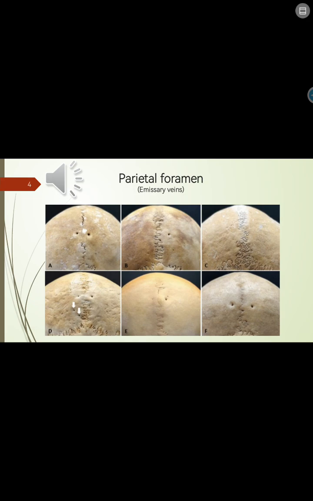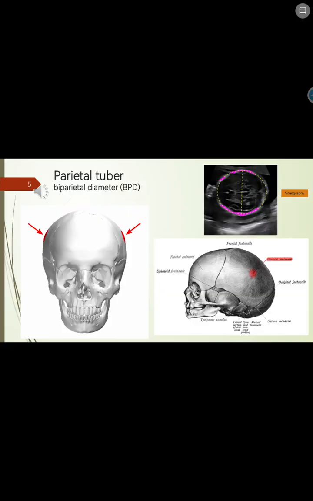We can see two foramina on both parietal bones, or one foramen, or no foramen, like picture C, or more than two foramina, like picture D. These are anatomical variations that can exist in the skull.